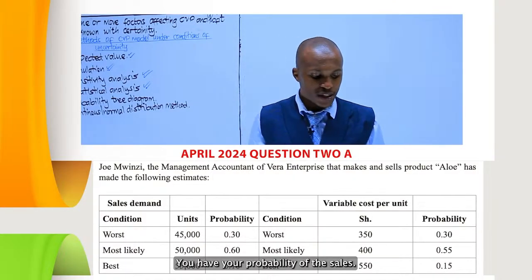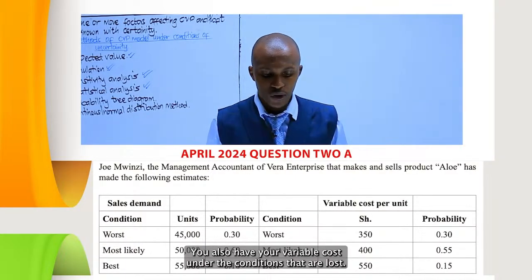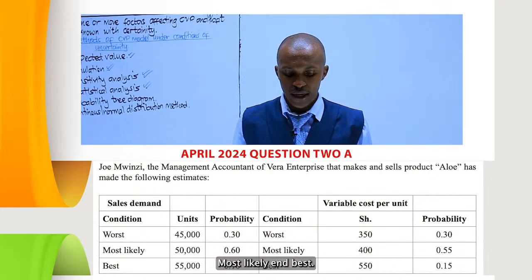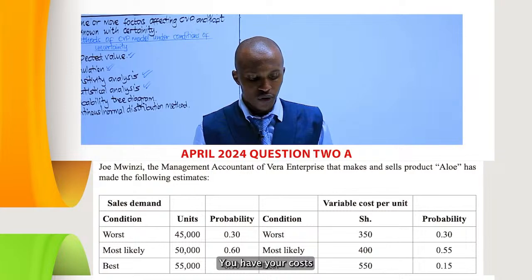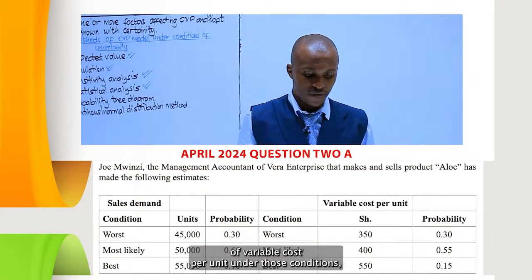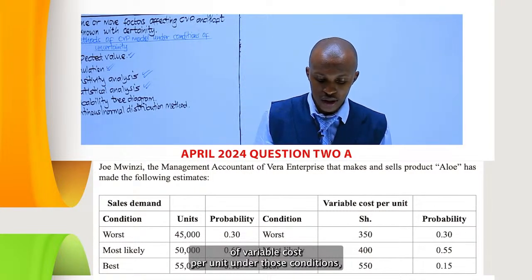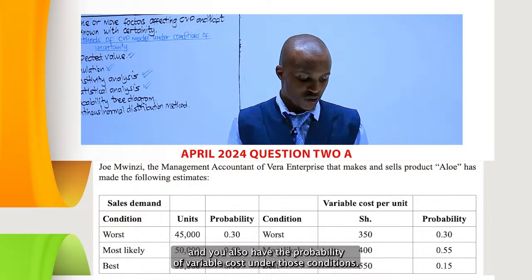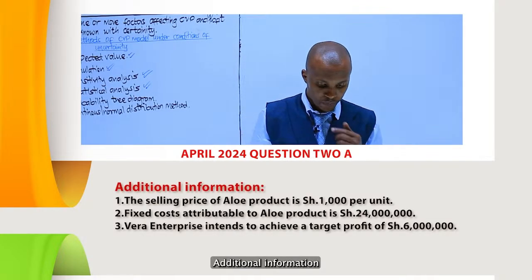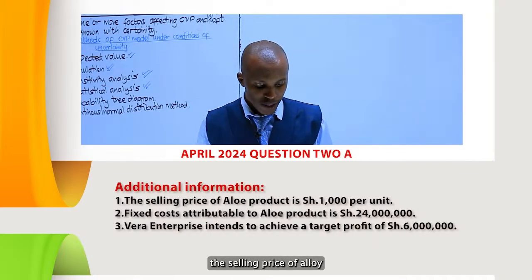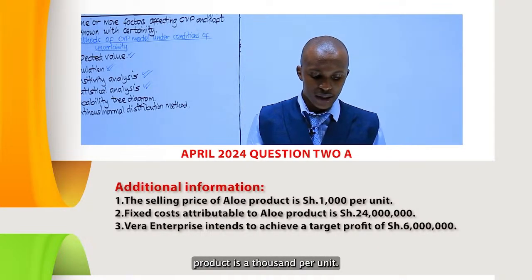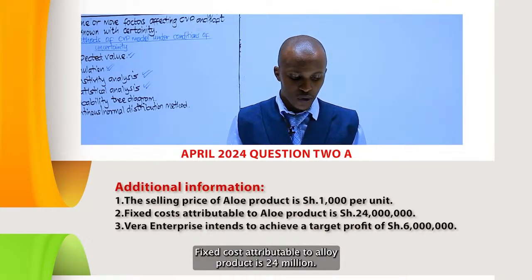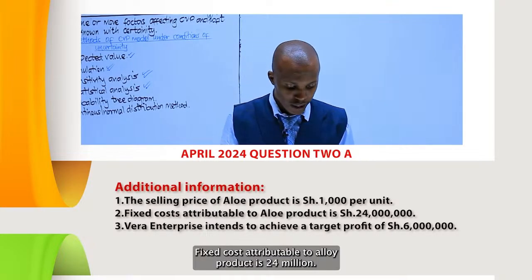You have the probability of the sales. You also have your variable cost per unit under the worst, most likely, and best conditions, and the probability of variable cost under those conditions. Additional information: the selling price of the alloy product is 1,000 per unit. Fixed cost attributable to the alloy product is 24 million.